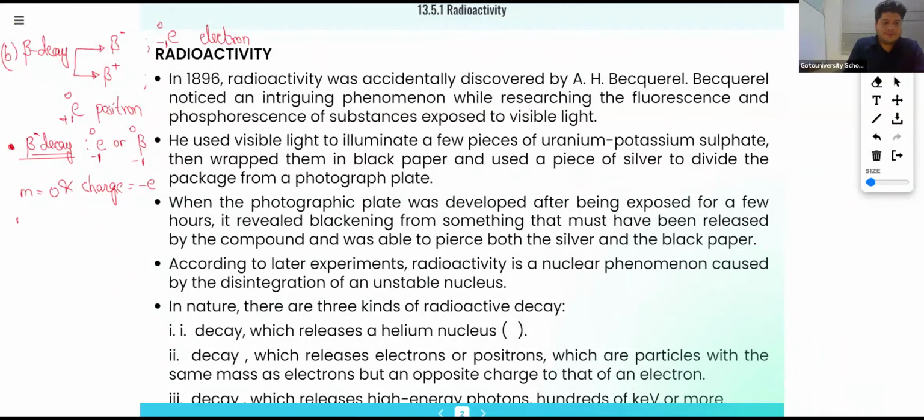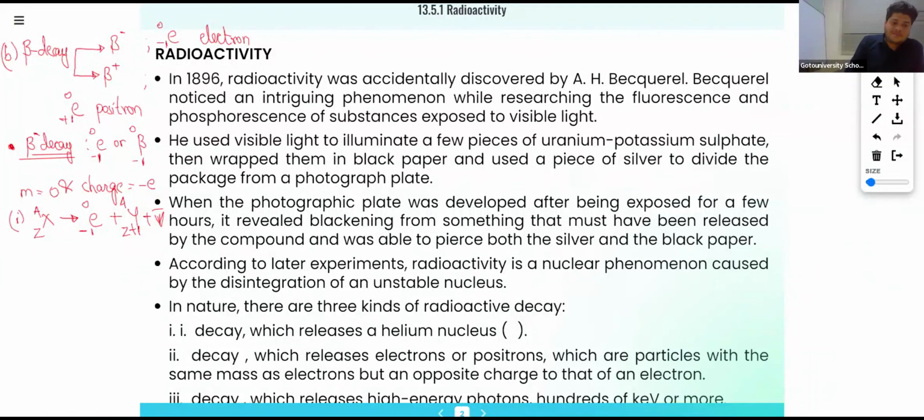So it will be X with A and Z, and the electron is removed, giving Y with A and Z plus 1, plus V bar. What is V bar? V bar is the anti-neutrino particle. Previously it was not there, only heat was released.